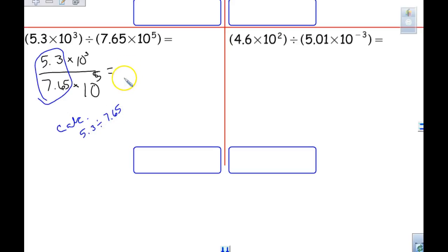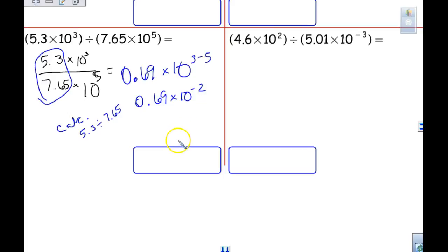Grace, what did you end up with? 0.69. 0.69 times 10. Daniel, what am I doing with my exponents when I divide? You're subtracting this. Subtracting. So I'm going to put 3 minus 5. 3 was in my numerator, minus 5. So this is telling us at this point we have 0.69 times 10 to the negative 2.